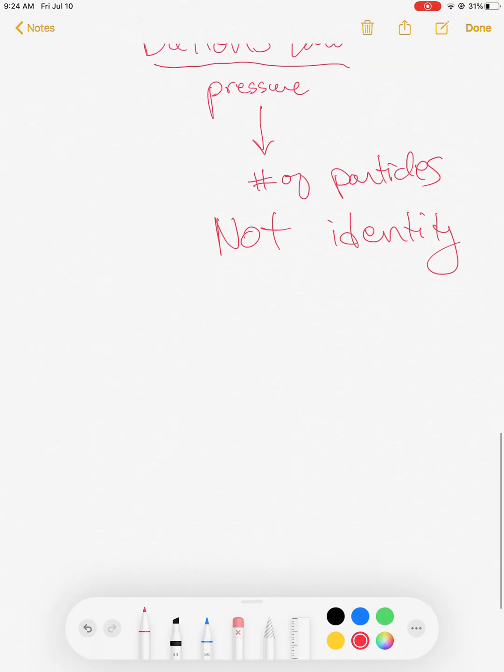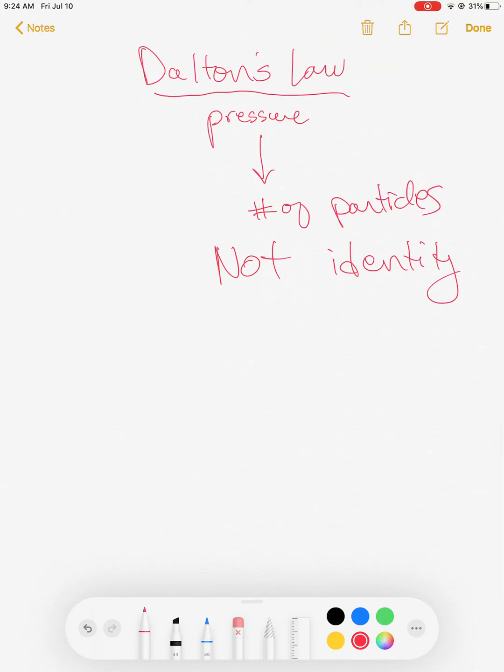So in our atmosphere, for instance, if you want to know atmospheric pressure, you would add all of the pressure of the nitrogen, you would add all the pressure of the oxygen, and on and on and on. They all exhibit their own number of collisions, and you can just simply total them up if you know their individual pressures.